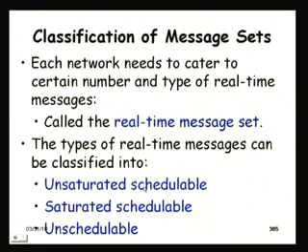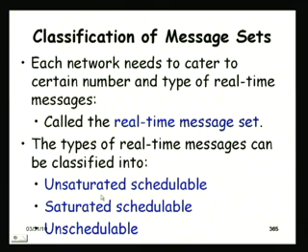So, we have some amount of freedom here with respect to the messages taking a little bit more time. But if it is a saturated schedulable, then for the message set, the deadlines are just being met. If there is a small variation in any of the messages, either in the arrival or maybe the time needed to transmit, then some deadlines will be missed. So, that is the saturated set.